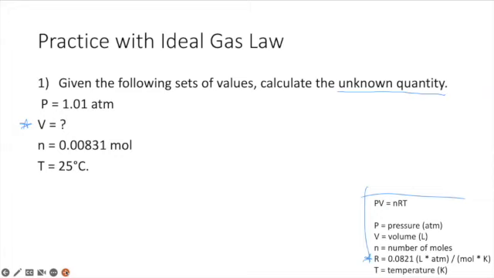So our pressure is in atmospheres. Our volume, we don't know, but if we set up the formula accordingly, we know that it will output us our volume in liters. Moles is in moles. But our temperature is not in Kelvin. So if we remember to get to K, we need to do 273 plus whatever it is in Celsius. So if I were to add 273 to this number, I'm going to get 298 degrees Kelvin. So now we're in Kelvin and we're all set to use this formula.